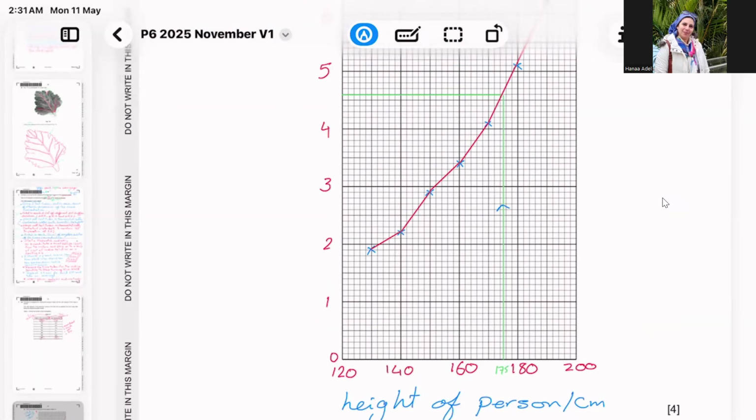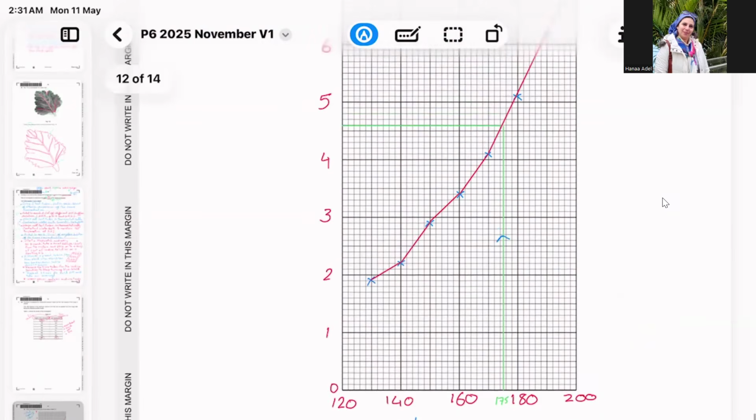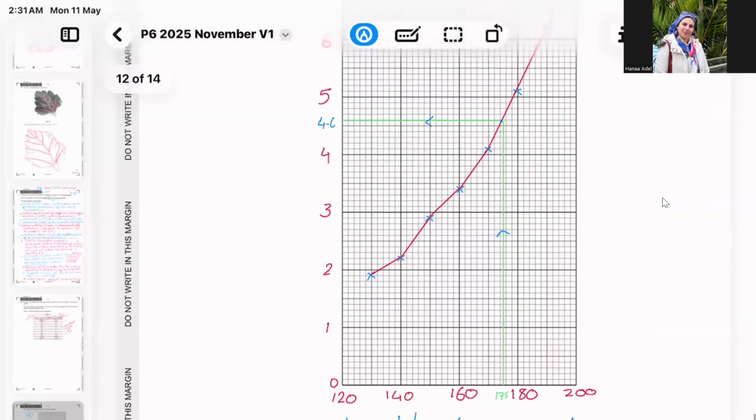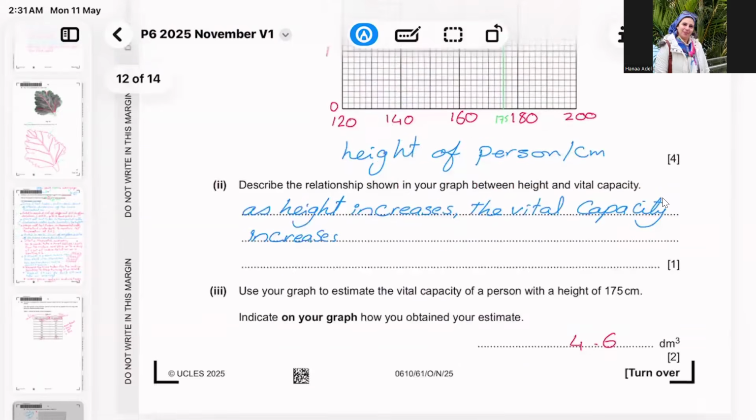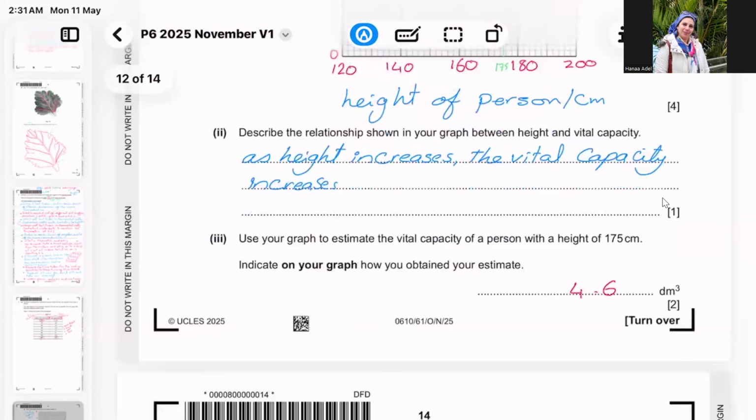Don't draw these arrows, I just want to show you how we can get it. Just the intersection with your line, so we can move horizontally to get the value, which is equal to 4.6. So the value from your drawing. You have to show how we get this value.